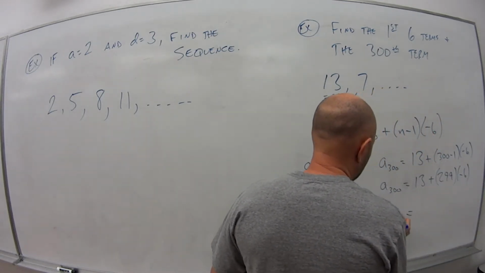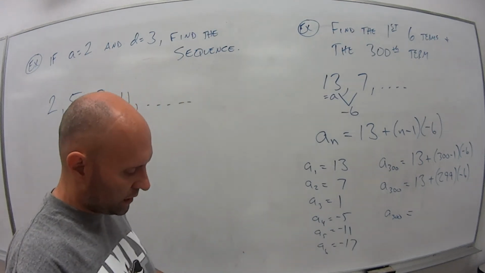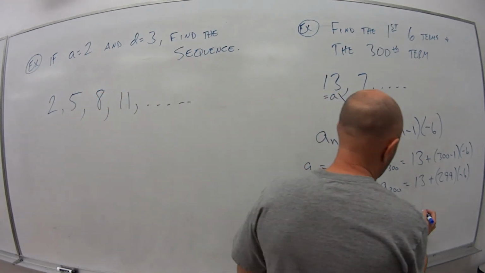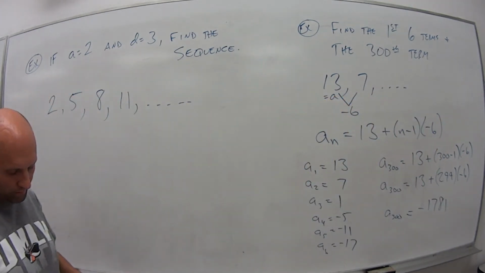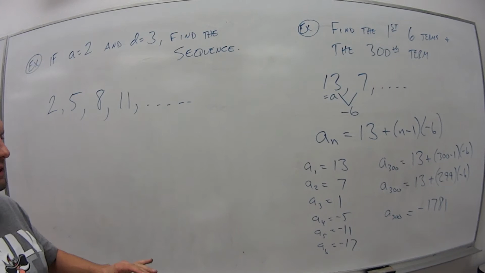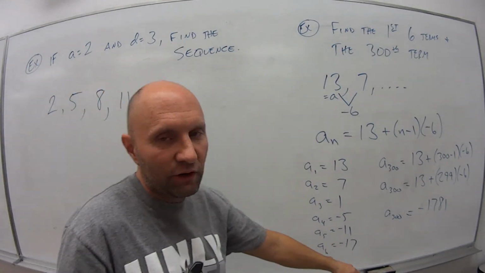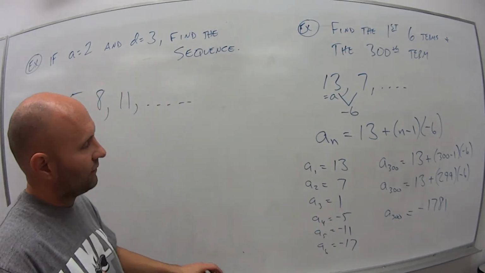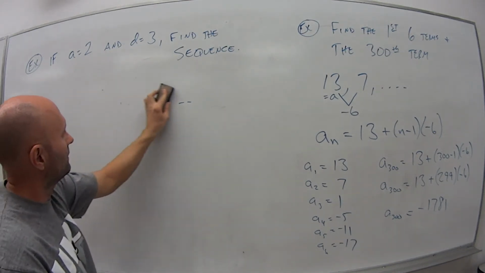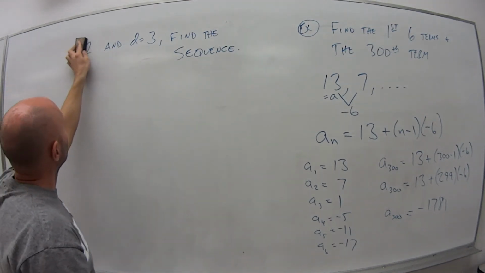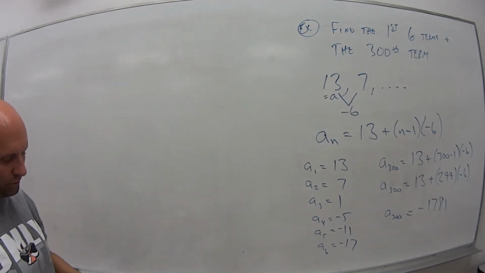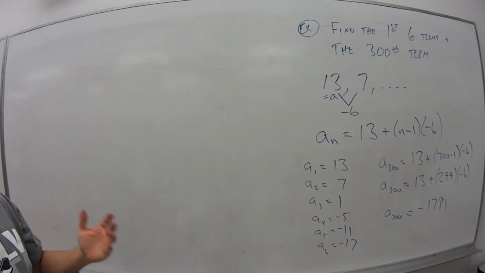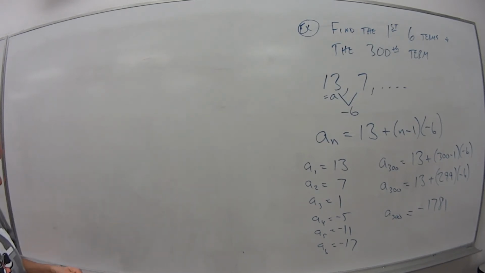When you do the multiplication and addition, that gives us negative 1,781. So I hope you can see how trying to figure out a of 300 by continuing to subtract 6 is a really, really bad idea. The chances of making one mistake are pretty high, and as soon as you have that one mistake, all your numbers are going to be off. So please memorize that formula for the final exam and make sure you have it on your cheat sheet.